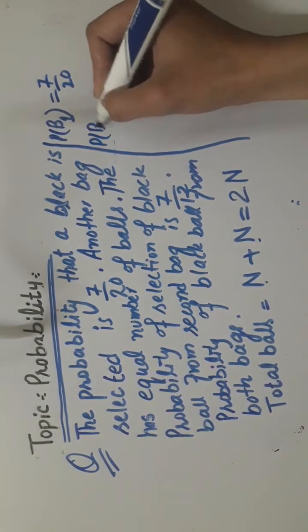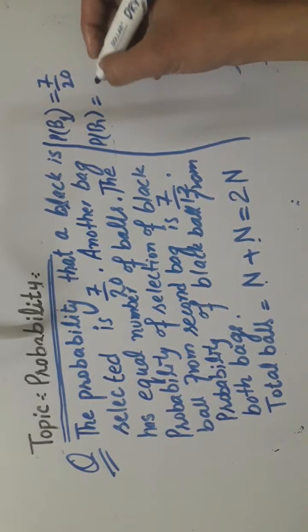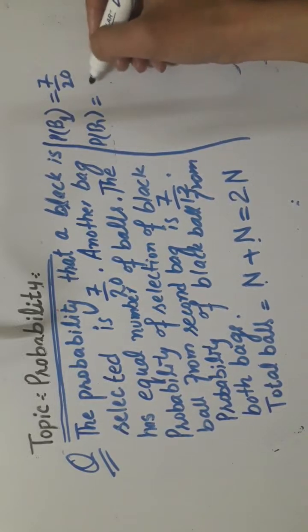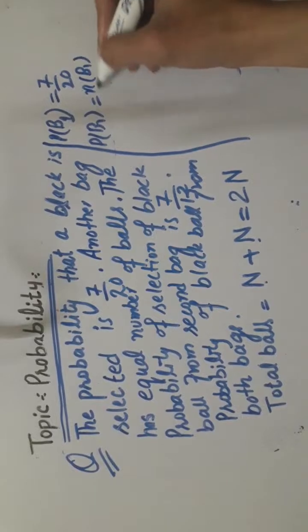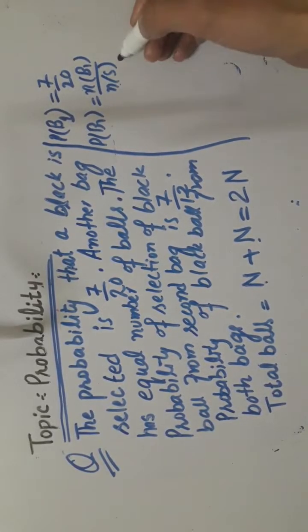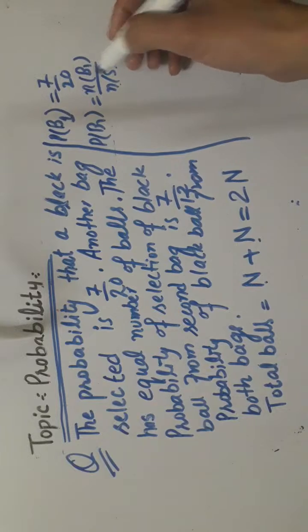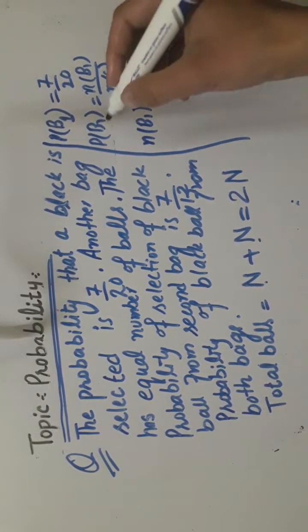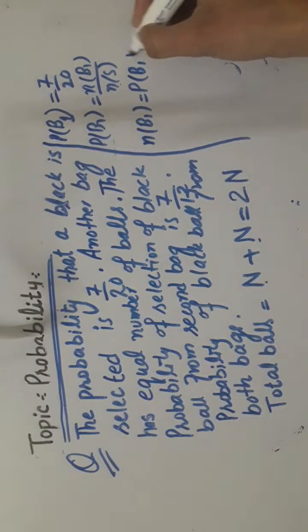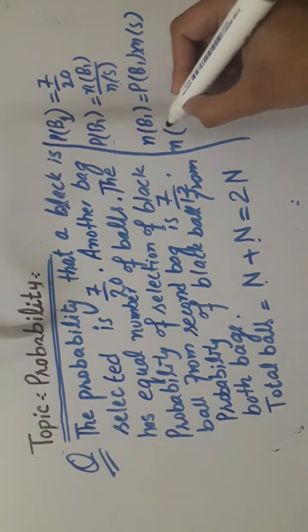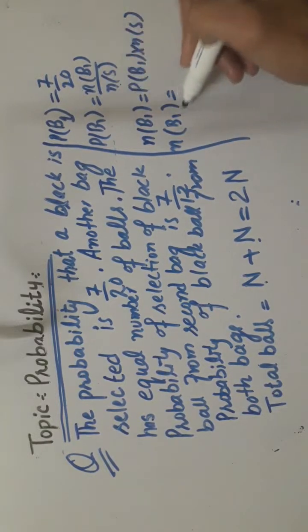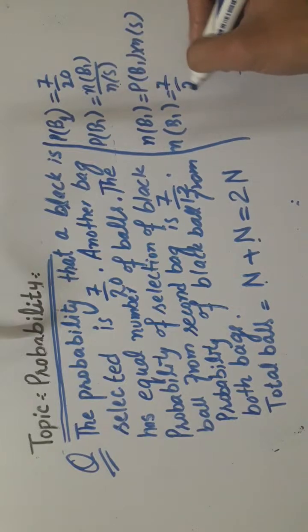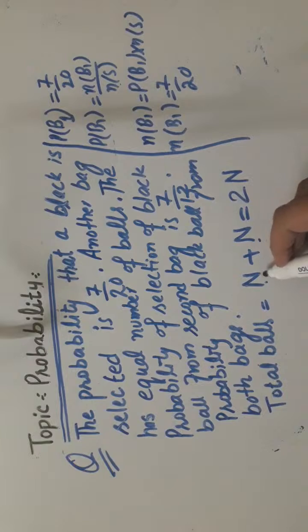But the formula of this is number of black balls, n of B1 by n of S. Now, you don't know how many balls, so n of B1 will be equal to the probability of B1 multiplied by n of S. So n of B1, black balls present in the first bag, is 7 by 20, and total number of balls present in the first bag is n.